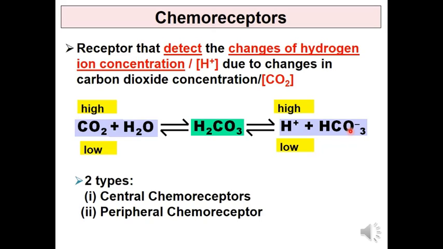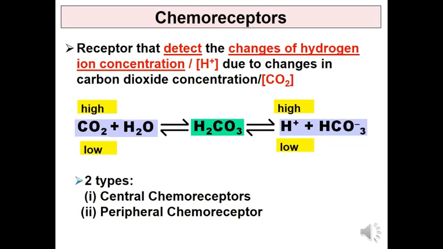And when the partial pressure of carbon dioxide is low, this bicarbonate ion will combine with the hydrogen ion to reform carbonic acid, and this carbonic acid will dissociate to form water and carbon dioxide, and after that the carbon dioxide will be released. And we have two types of chemoreceptor: first is central chemoreceptor and second is peripheral chemoreceptor.